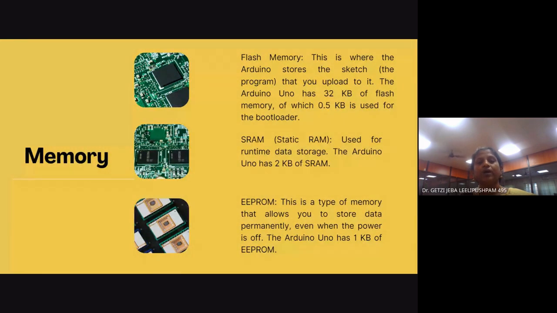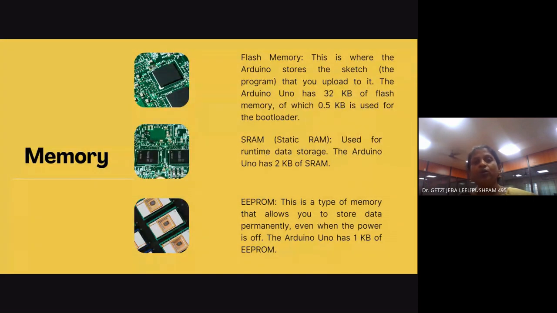You might have seen that when you are uploading the code, you have 32 KB of memory, of which 0.5 KB is used for the bootloader, and you will be uploading a program of maybe 0.2 KB or even less, as the few codes you might have uploaded.